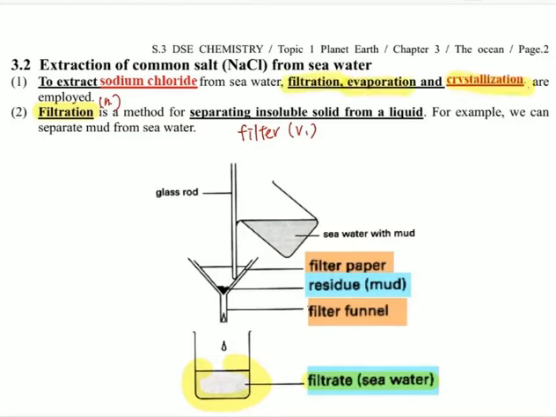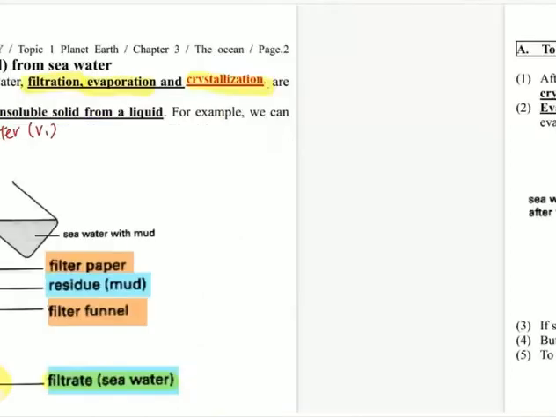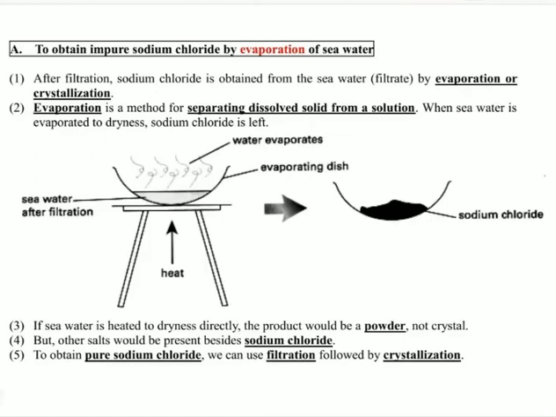Firstly, do the filtration to remove all these insoluble substances, and then we can do evaporation and next crystallization to obtain our pure sodium chloride. To obtain impure sodium chloride, it can be done by evaporation of seawater.